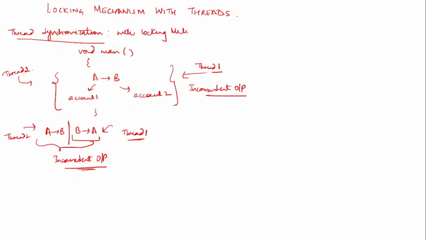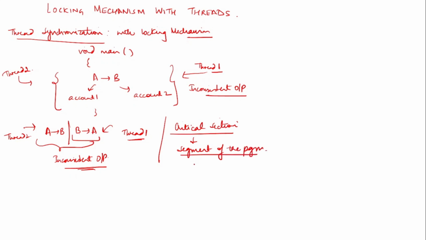Before going into this process, let's see one important concept, which is the critical section. You might hear this term a lot. It is a segment of a program whose execution is very critical, very crucial, and at a given point only one thread can execute this critical section.